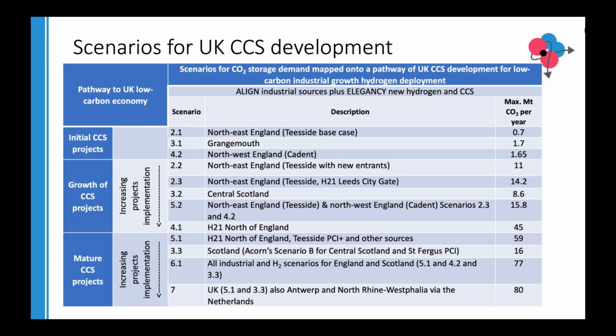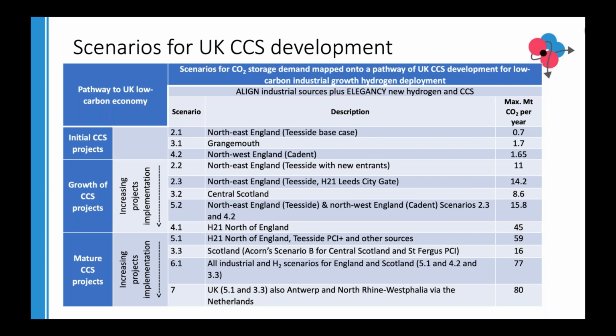Again, I'd just like to highlight that these levels of ambition predated the formal statement of intent to achieve net zero that was made by Theresa May in 2018. But what we can see here is a number of scenarios that look at the different levels of ambition that might reflect future energy policy.